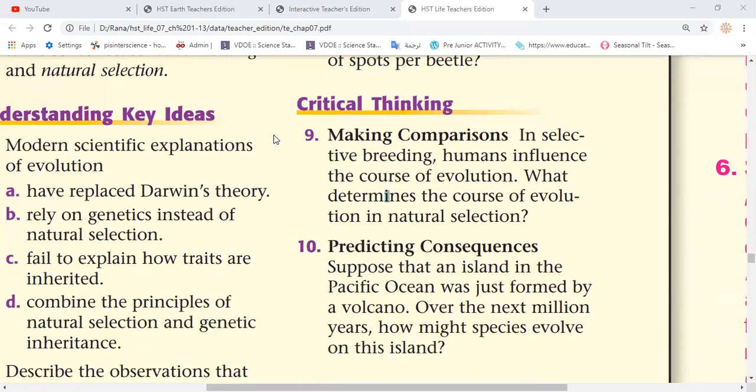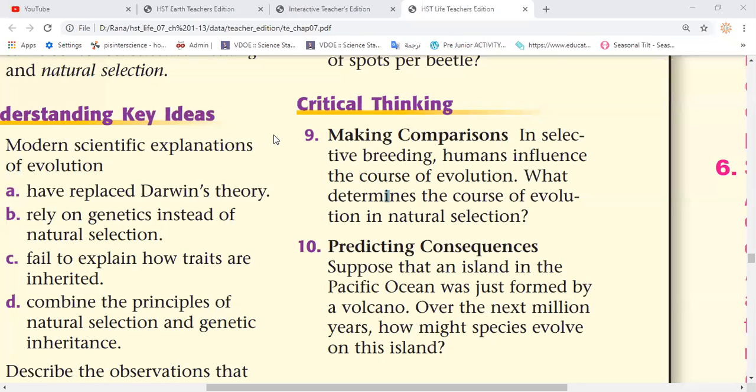Question 9, making comparison: in selective breeding, humans influence the course of evolution. What determines the course of evolution in natural selection? Okay, so Noor, yes. Natural forces.